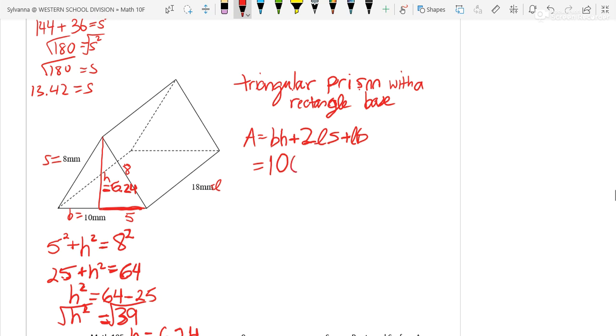So then I'll plug that into my formula here for h. And I have 2 times my length, which is 18. And then length times base, sorry, and that would be 18. My base is 10.